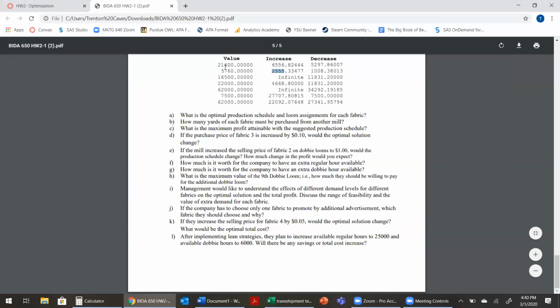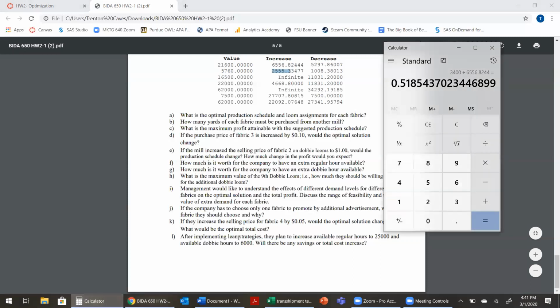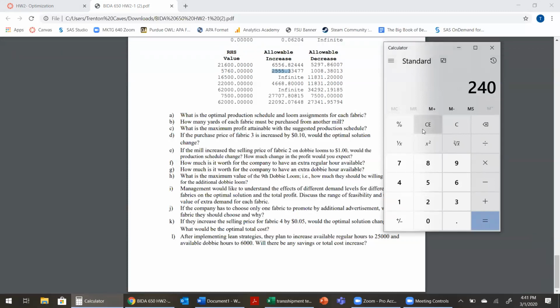So increasing from 5,760 to 6,000 is a 240-point increase, which is within the range of feasibility. So 240 divided by 2,555.33477 is 9.4%.